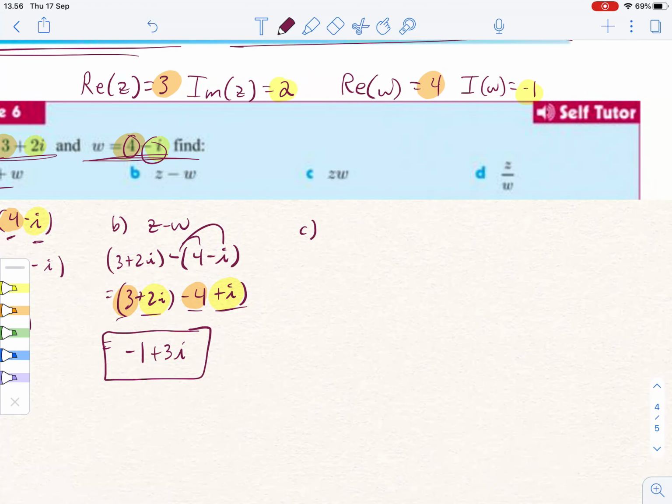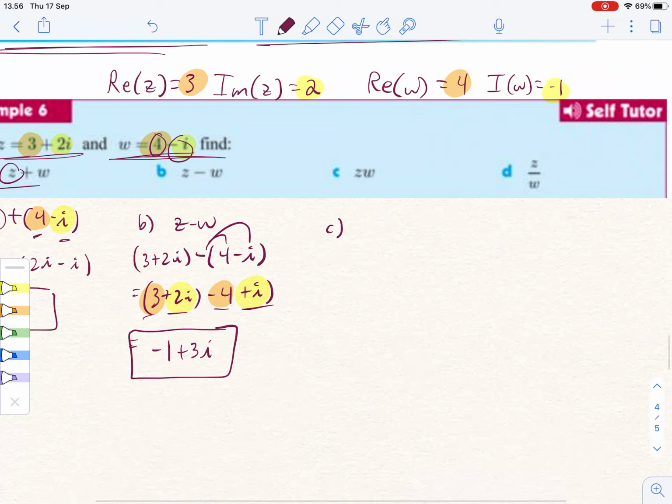All right. Let's look at C for multiplication. I have z times w, which is equal to 3 plus 2i times 4 minus i. And this is just going to be like multiplying a binomial. So I'll do my first term, which is 3 times 4, 12. My outer term, 3 times -i, -3i.